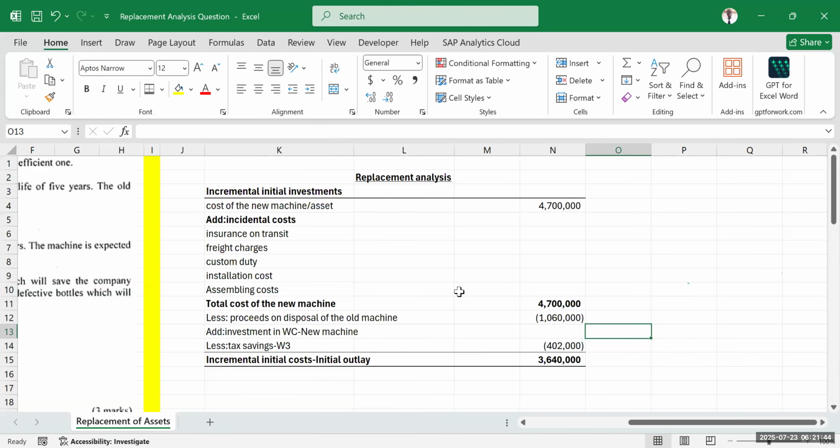Remember, we are looking at initial cost, what we are spending at the start. If we dispose of the old machine and we realize we are having a tax saving, it cannot increase what we are spending because it is a saving. It will reduce our incremental initial cost by that amount we are saving.